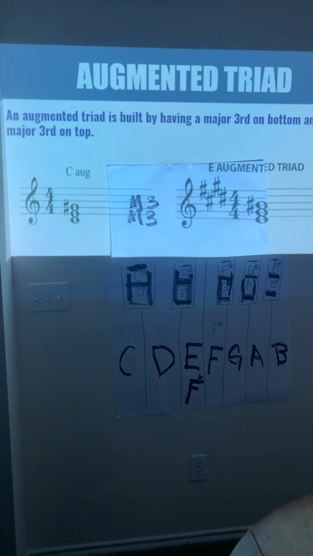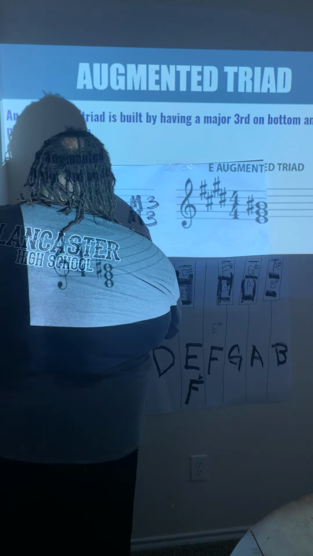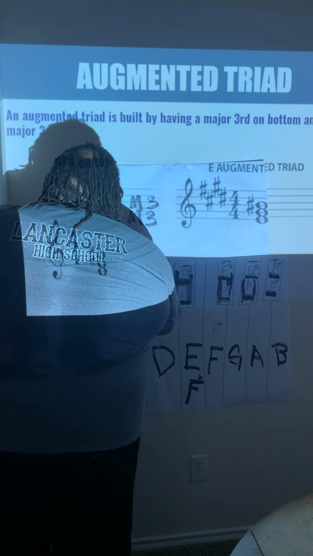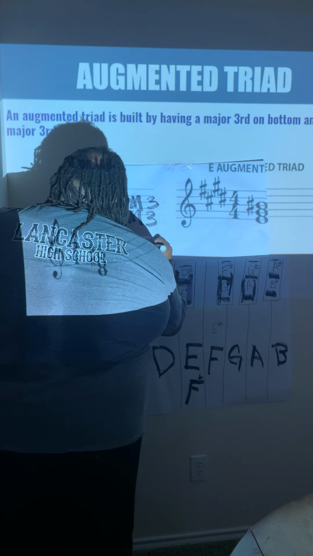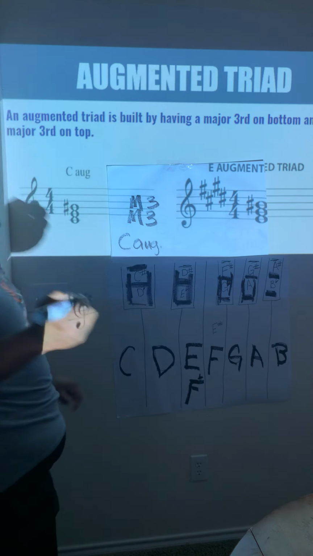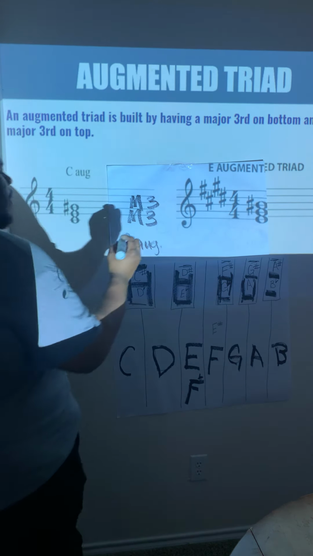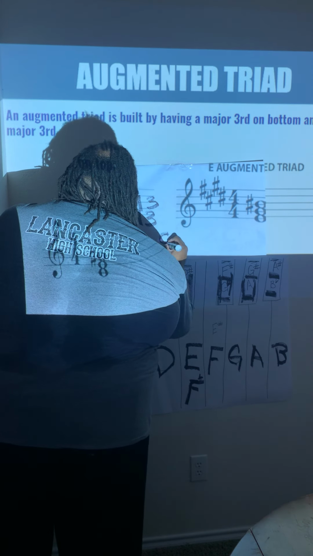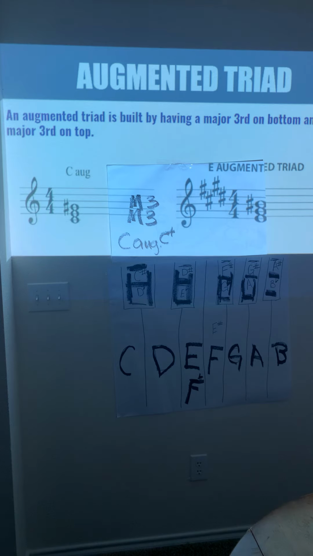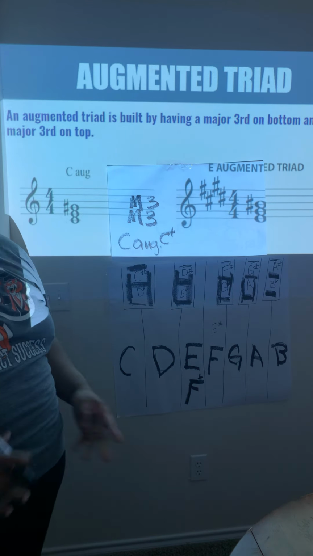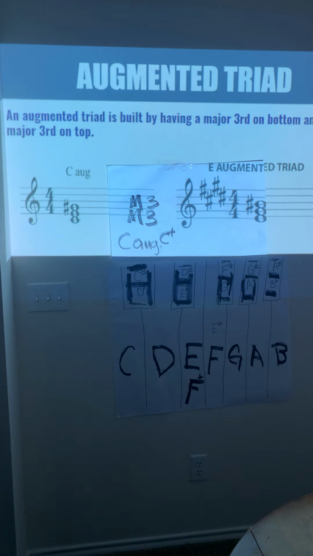It's a C. This is C augmented. For augmented, I want you to do the following. You're going to write a C, A-U-G plus. There's also another way of writing C augmented. You can write a C plus, okay? Because that's the letter and the plus sign means bigger, so it's augmented.